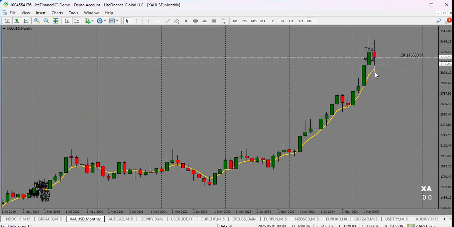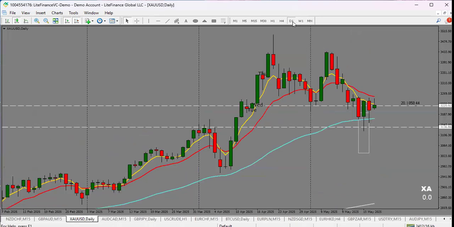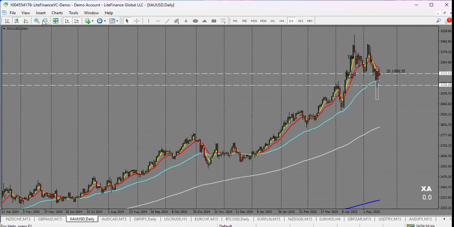It started with a retracement just as Euro USD. And when you look at the weekly, we are still going down a bit. So we have not yet confirmed that the market is actually reversing. And this is the daily. On the daily, I'm expecting for gold to form a support area before going up.